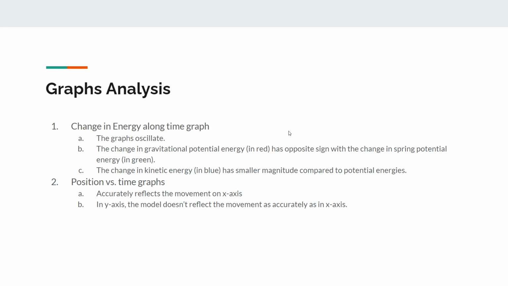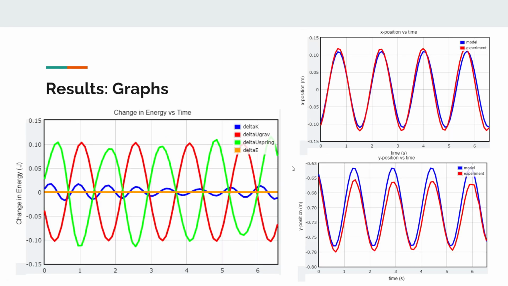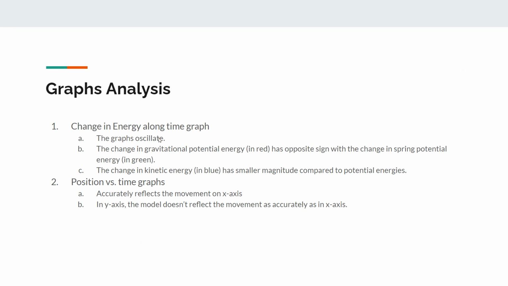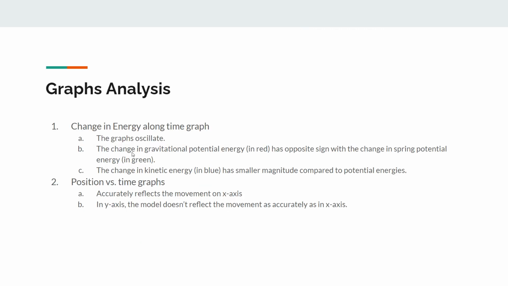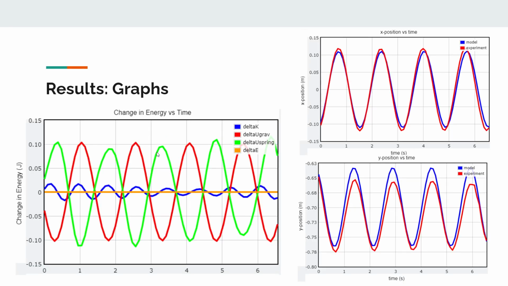First of all, let's look at the change in energy along time graph, which is the first one right here. All three graphs oscillate except for the total change in energy, which is in orange. The change in gravitational potential energy, which is in red, has opposite sign to the change in spring potential energy in green. As you can see, when the green increases, the red decreases. When the red increases, the green decreases.